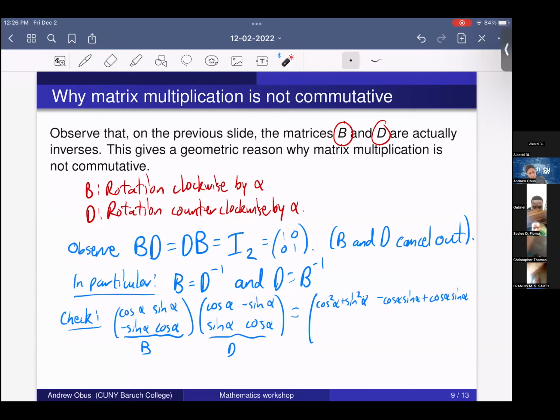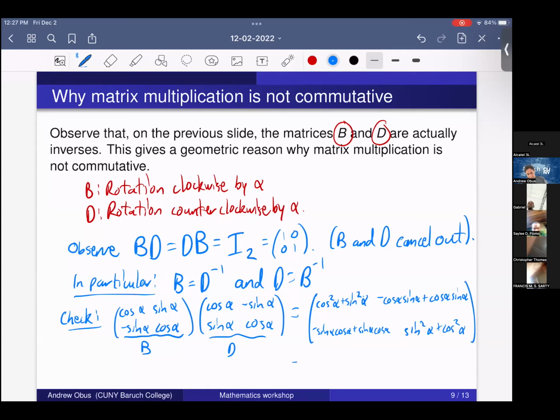For this entry over here, I get minus sine times cosine plus cosine times sine. So that's minus sine alpha cosine alpha plus sine alpha cosine alpha. And then lastly, I get minus sine times minus sine, that's sine squared, plus cosine times cosine. So that's sine squared alpha plus cosine squared alpha.